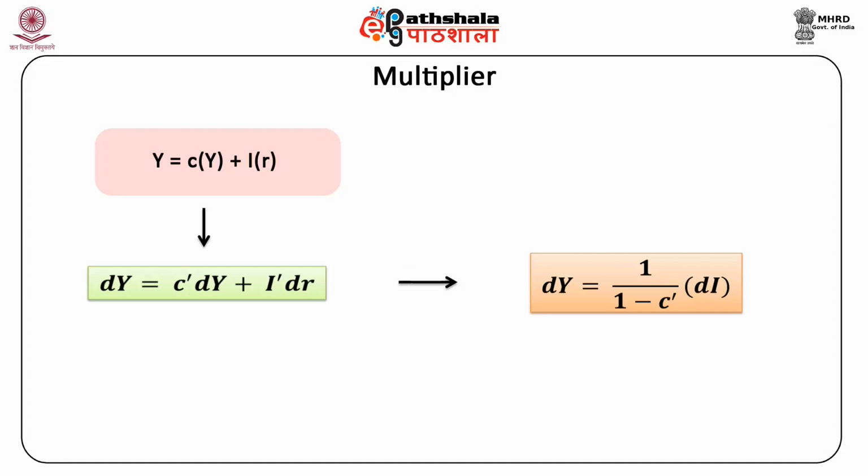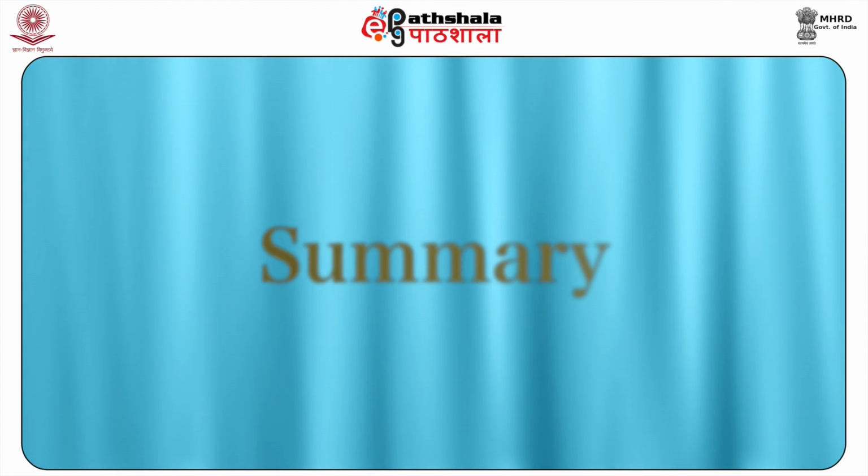Here, 1 by 1 minus C' is the multiplier, with C' being the marginal propensity to consume. Finally, we get Y equals 1 by 1 minus C' into I plus k, where k equals 1 by 1 minus C' into A.